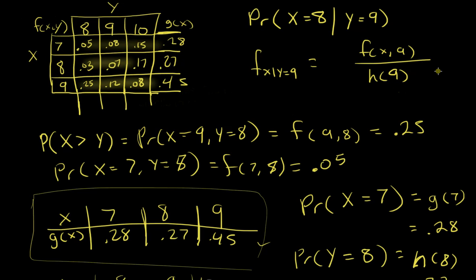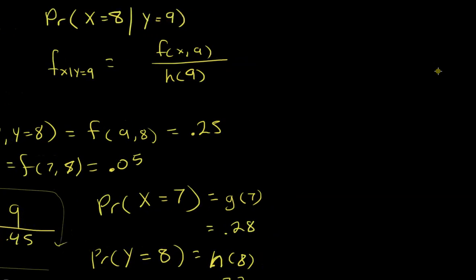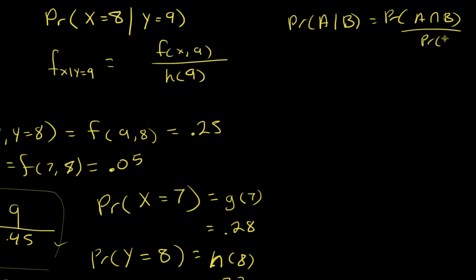Remember, the rule for conditional probability was the probability of, say, a given b equals the probability of a and b divided by the probability of b. Well, this is a and b, the joint distribution. And this is the probability of b, the marginal at y equals 9.